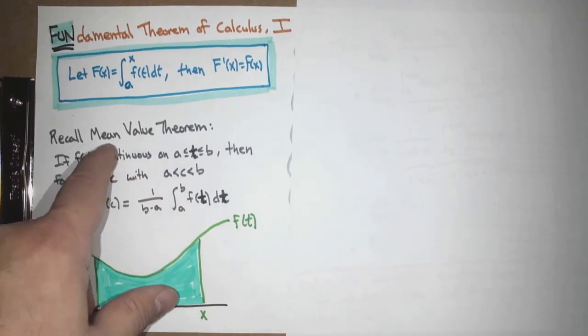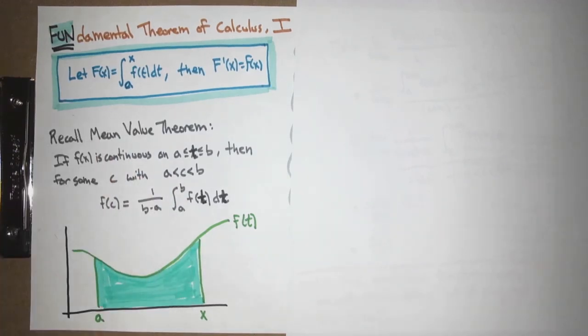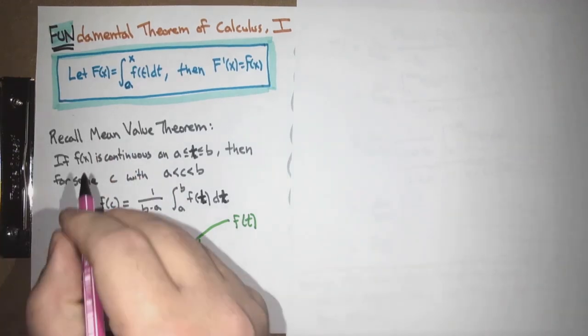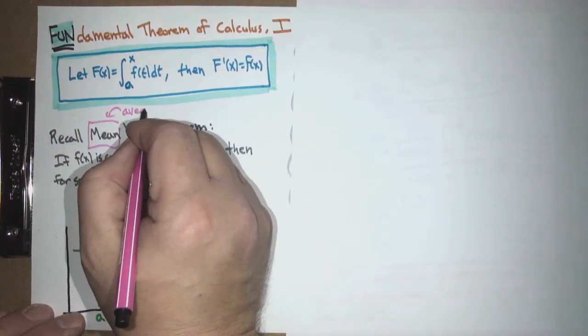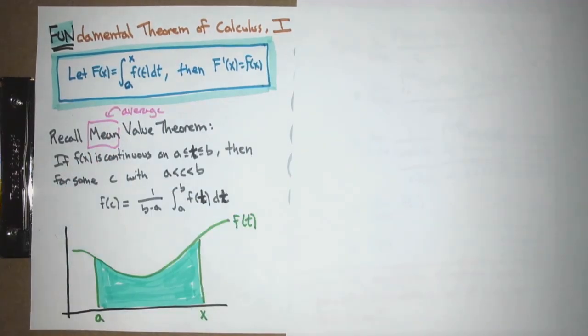So the mean here, if you remember what the word mean came from, this is really an average. So the mean value theorem is about averages. So I have some point where I match the average of the function from a to b. All right, well, let's prove this.